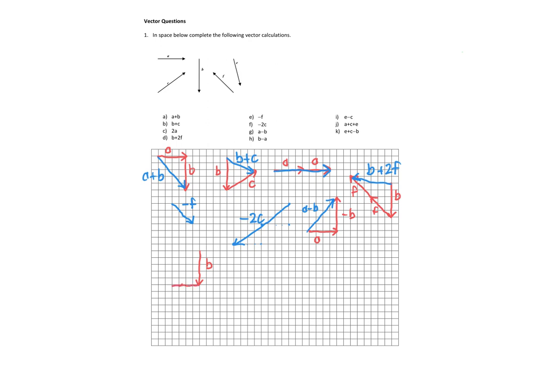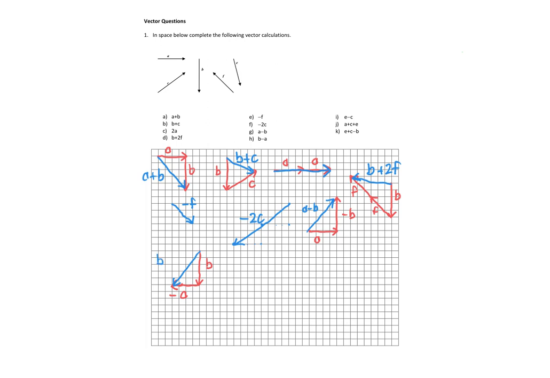So that becomes minus A. Oops, went too far back. That becomes minus A, and the resultant again starts at the tail of B and goes to the tip of minus A. Sorry, I did that wrong. That's B minus A.